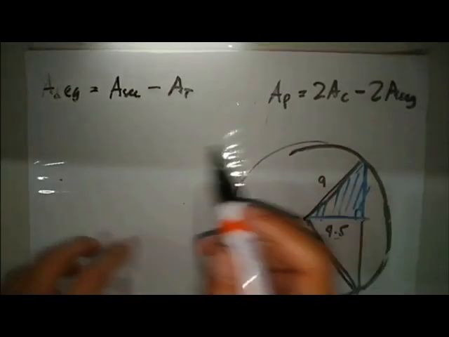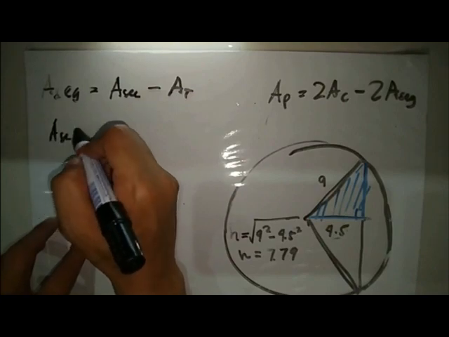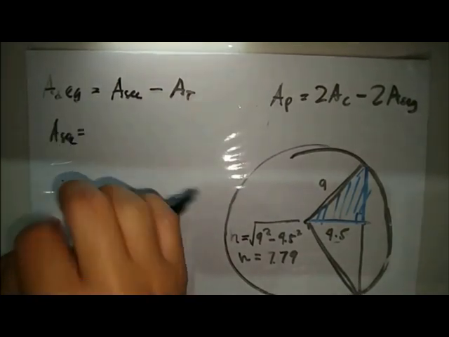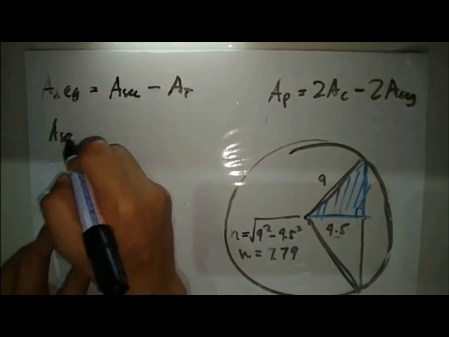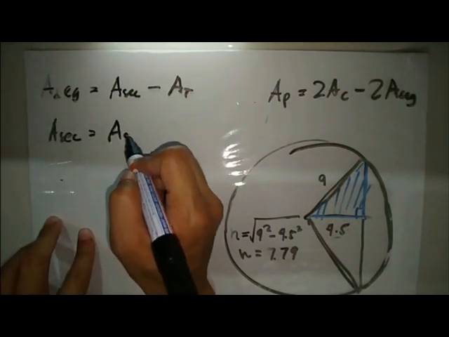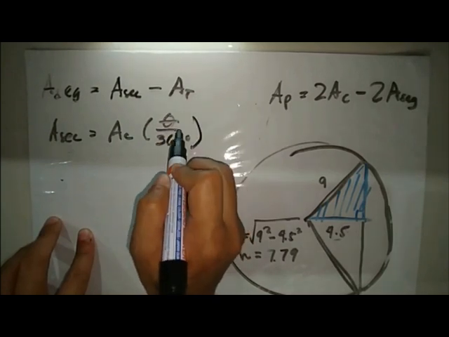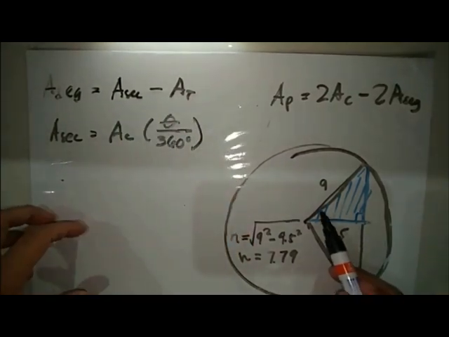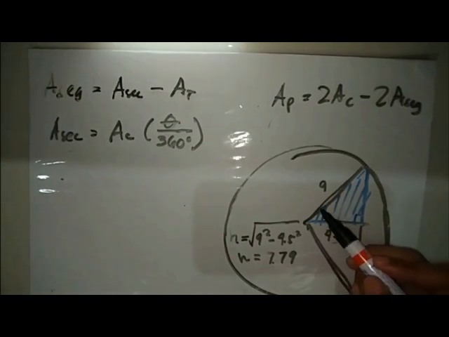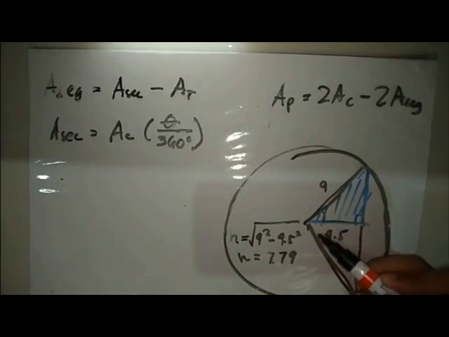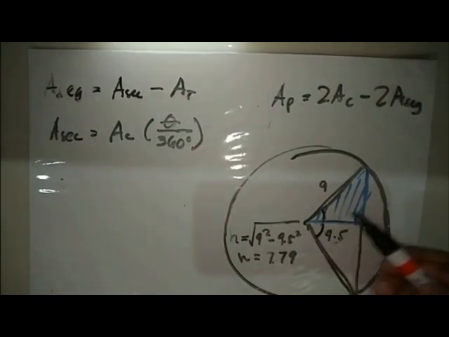Sector is given by area ng circle times theta over 360. Dapat meron tayong central angle dito. Kunin muna natin yung isa, then i-multiply na lang natin sa 2, kasi equal lang naman sila.